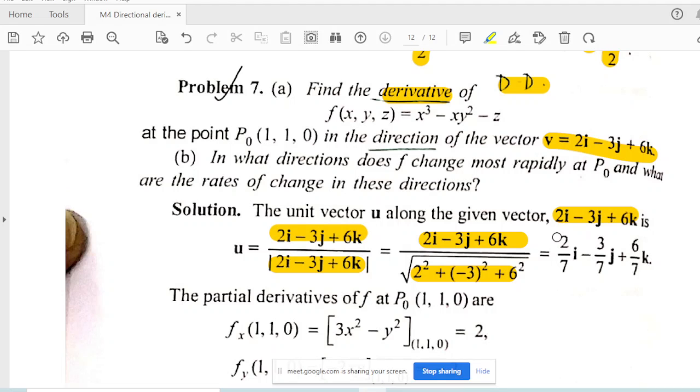So this is 2 by 7 i cap minus 3 by 7 j cap plus 6 by 7 k cap.